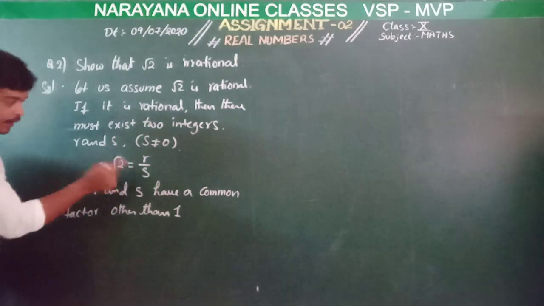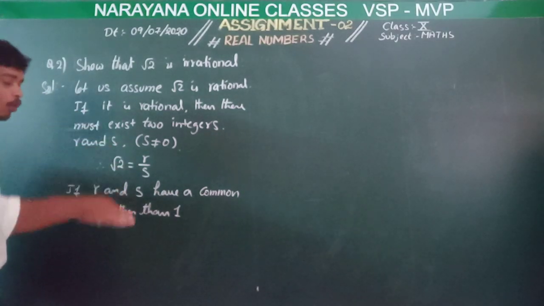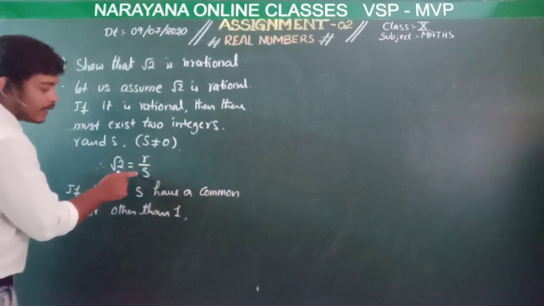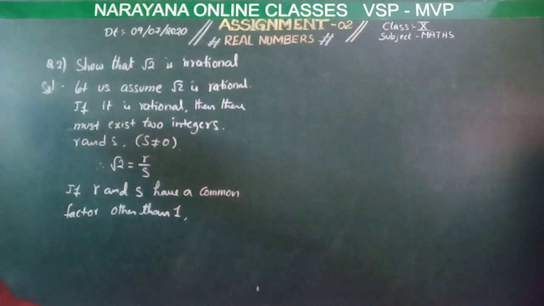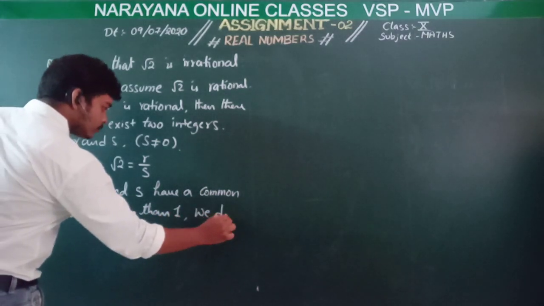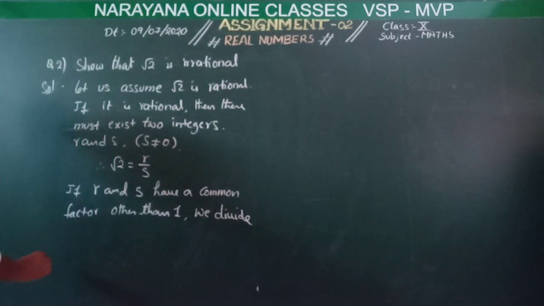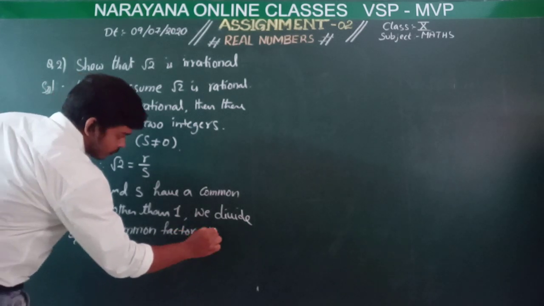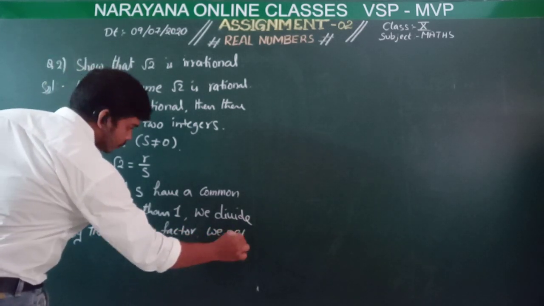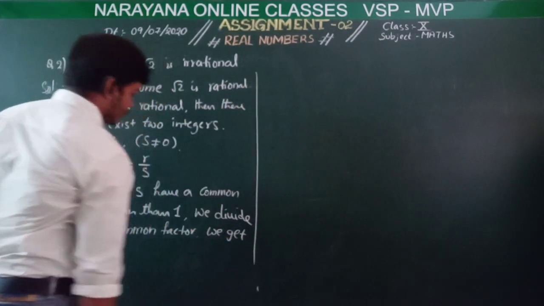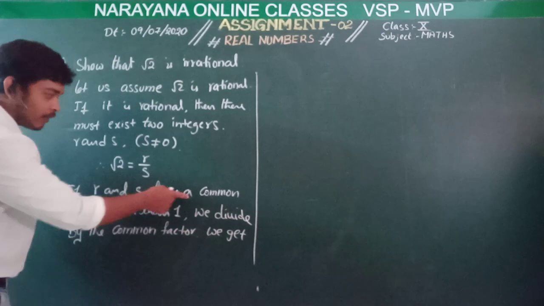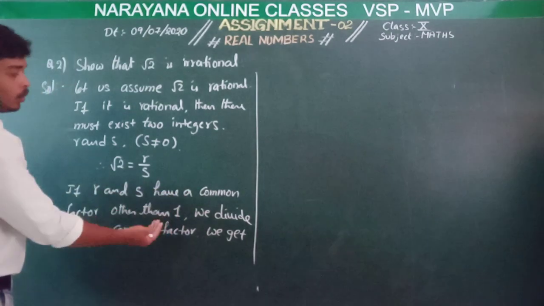See children, if r and s have a common factor other than 1, then we should divide both r and s by that common factor.